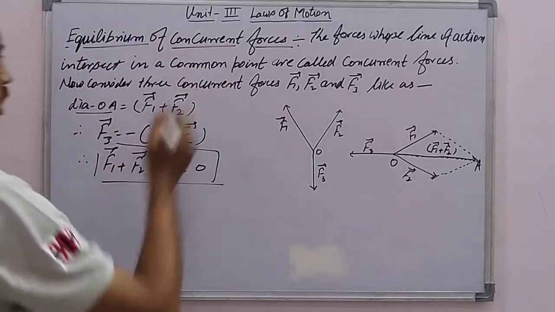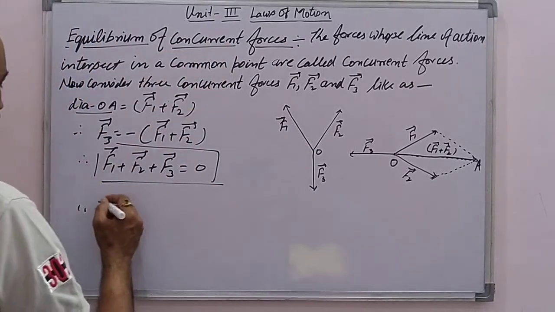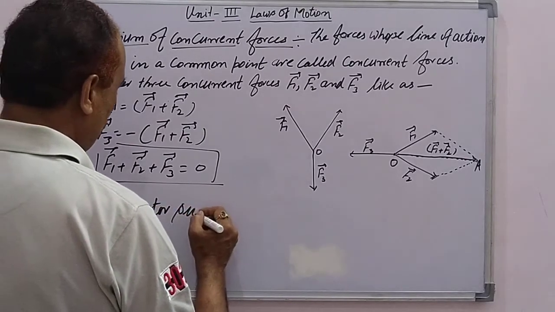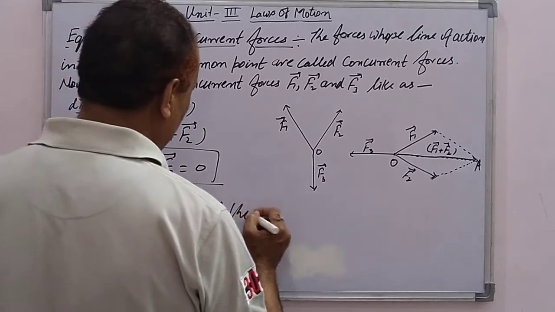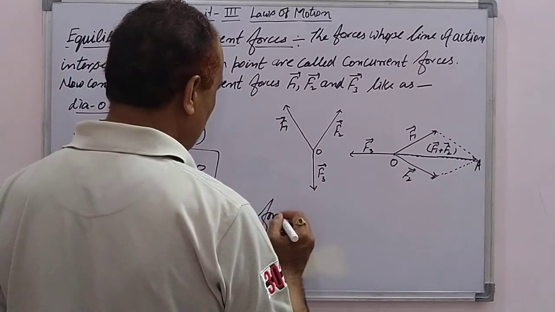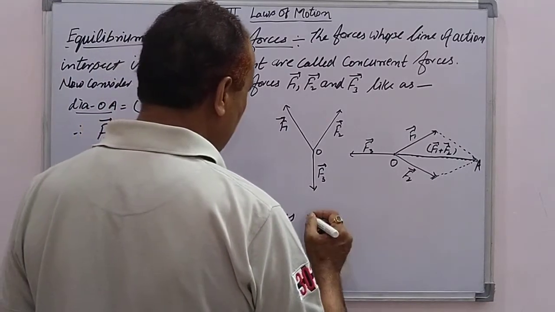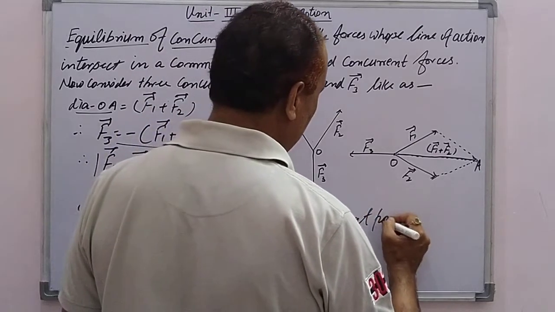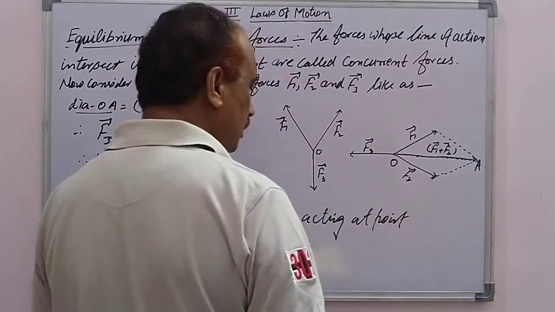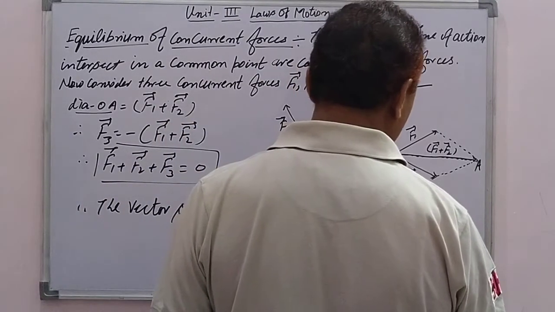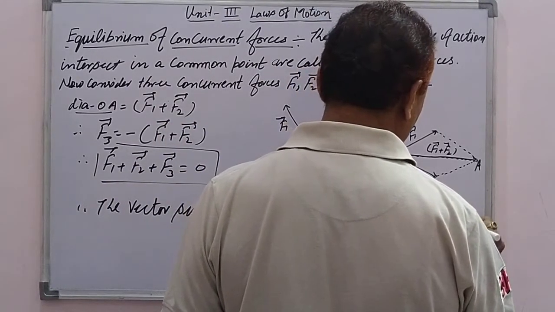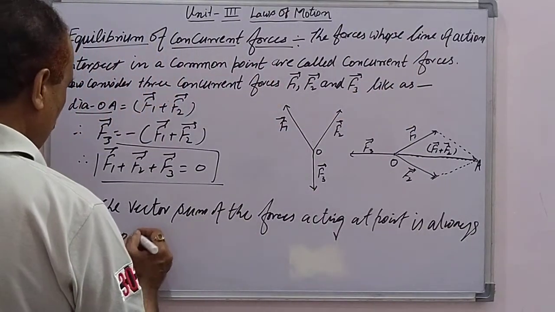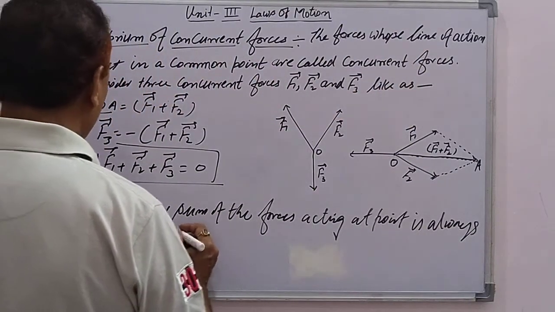So in this statement we have to verify that the vector sum of the forces acting at a point is always 0 in equilibrium.